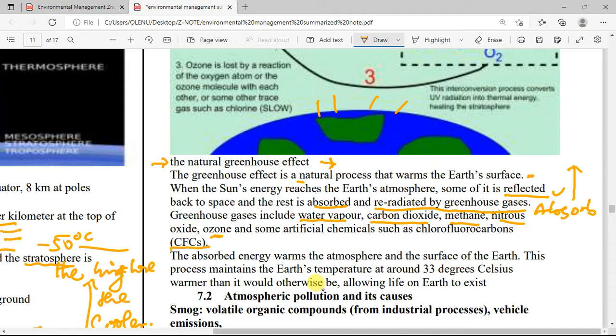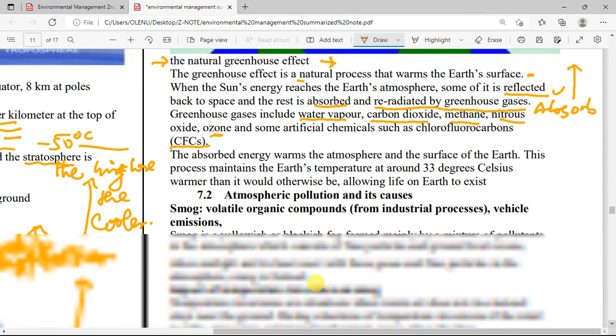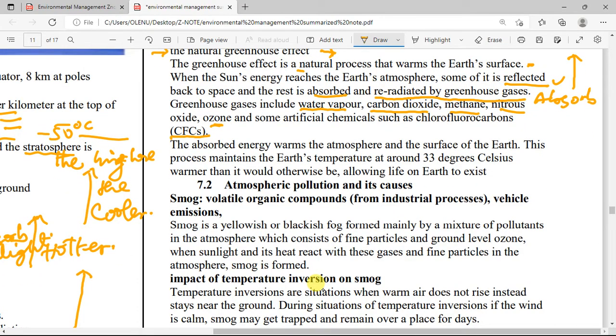So any of these will do. Now, the absorbed energy warms the atmosphere and the surface of the earth, while the process maintains the earth's temperature at around 33 degrees Celsius warmer than it would otherwise be, allowing life to exist on earth.